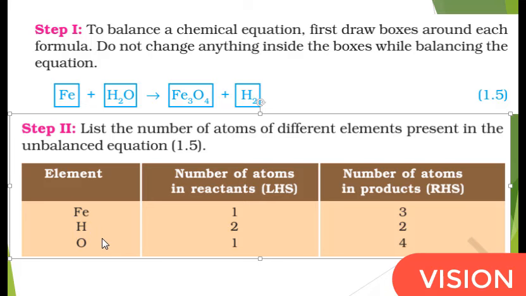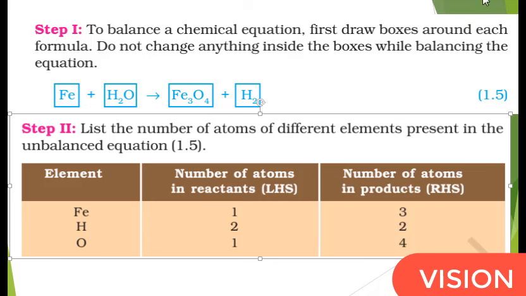In the reactant side or LHS, we count the number of atoms: one iron atom, two hydrogen atoms and one oxygen atom. In the product side, we are having 3 iron atoms, 4 oxygen atoms and 2 hydrogen atoms. So this is an imbalanced equation.